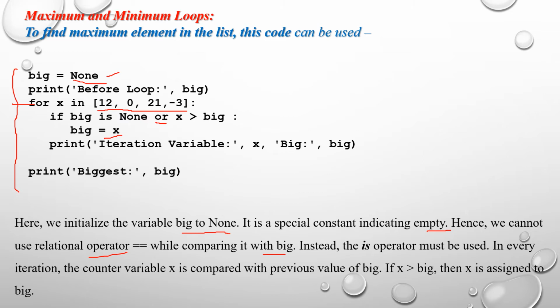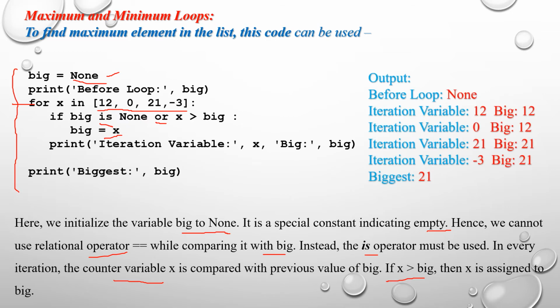Instead, the is operator must be used. So here we use the is operator. In every iteration, the counter variable x is compared with the previous value of big. If x is greater than big, then x is assigned to big.